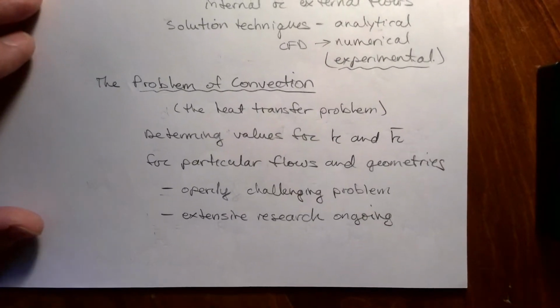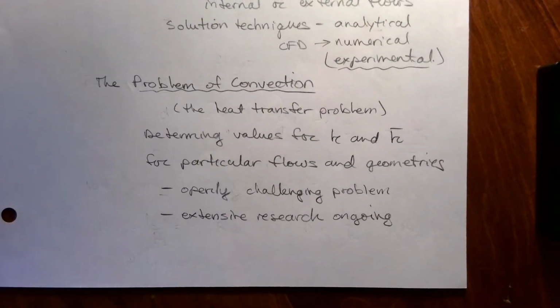So that is called the problem of convection. Then it is how to come up with appropriate values for H and H bar for the particular flow of the engineer's interest, for the particular flow, geometries, whatever's driving the flow, that whole situation. And so this is also called the heat transfer problem, or the problem of heat transfer, because it is still the one area of heat transfer left where there's a lot of active challenge and research going on.